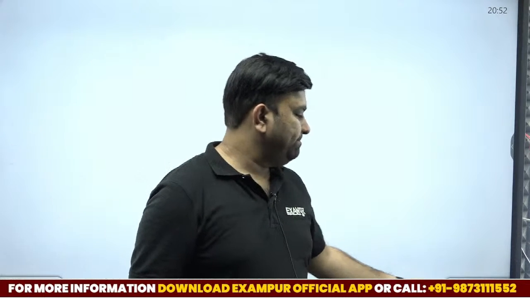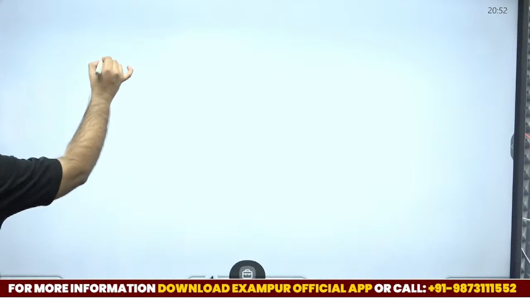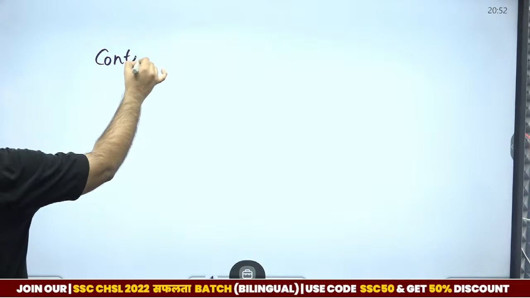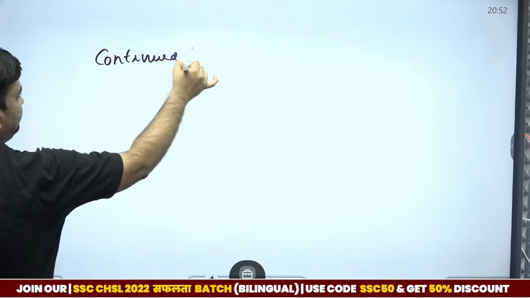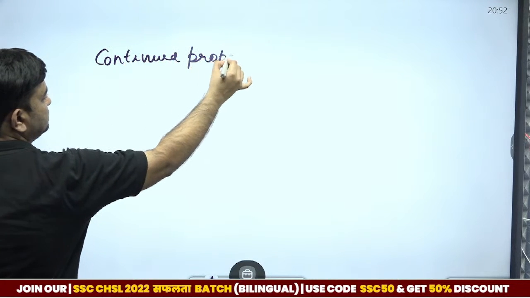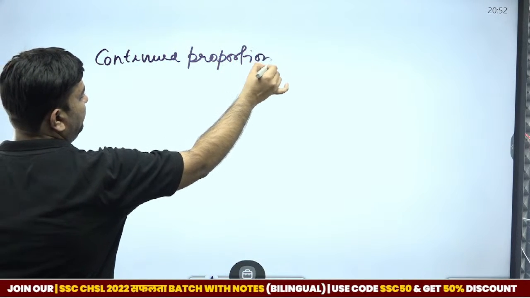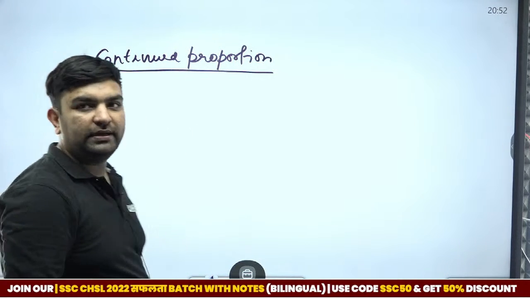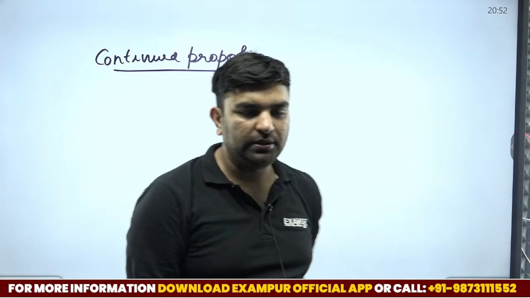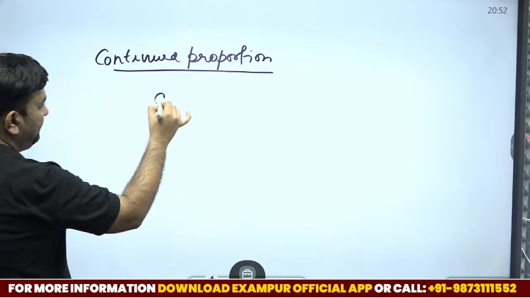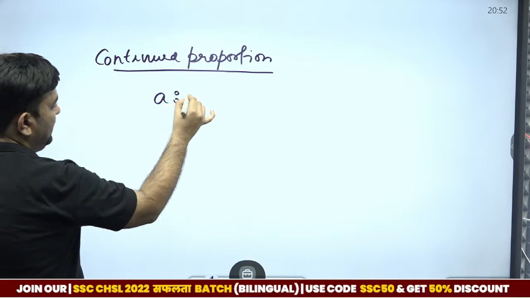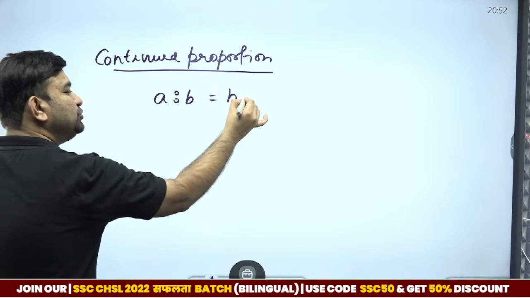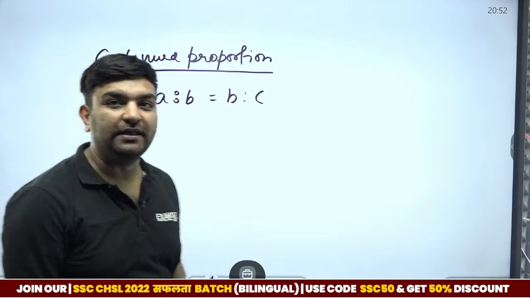If you go for continued proportion, A ratio B is equal to B ratio C. Continuity is maintained.